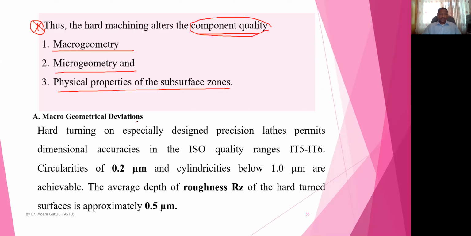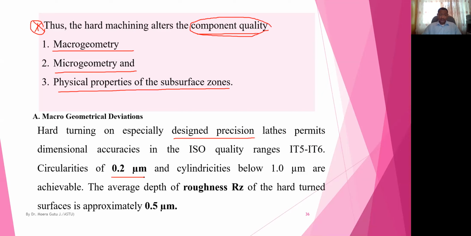Microgeometrical deviations: hard turning on specially designed precision or high precision lathes permits dimensional accuracy in the ISO quality ranges IT5 up to IT6. The hard turning falls into ISO quality standards.